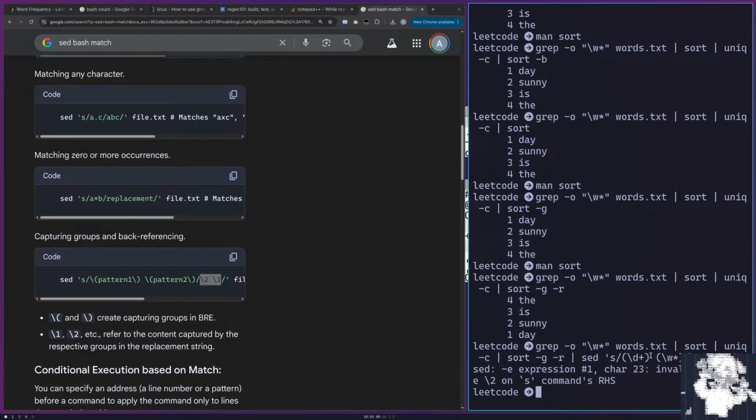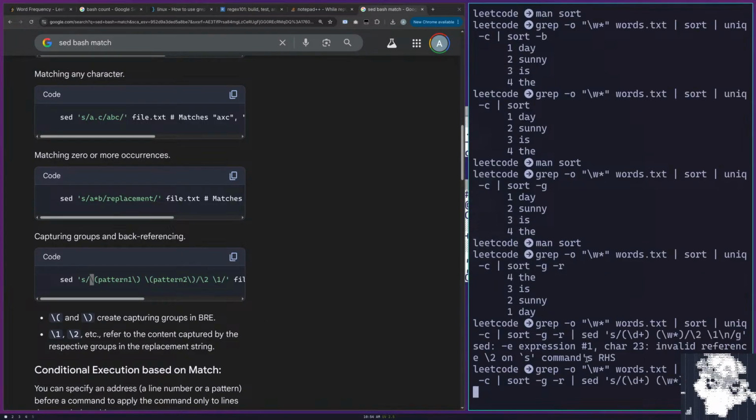Why doesn't it work? Invalid reference /2. But there are two patterns. Oh, is it? Well, it's putting a slash around the parenthesis for some reason. I don't know why it's doing that, but let's try it.